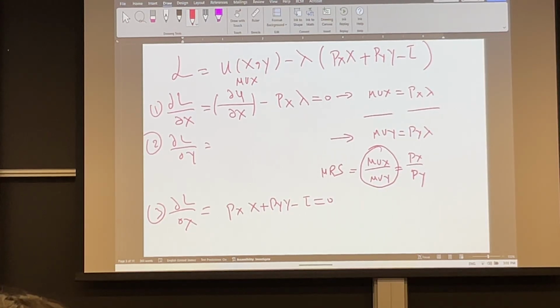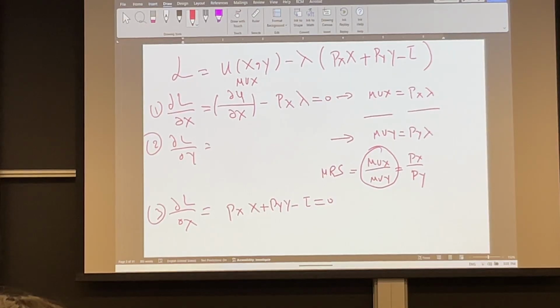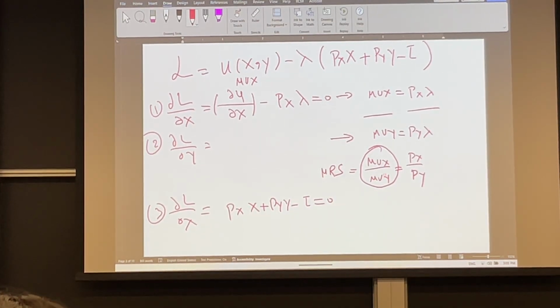Make sense? So if MRS is 5, what does it mean? Knowing MRS, the ratio of two partial derivatives. If MRS is 5, what does it mean? It means the last unit of x you consume provides 5 times more satisfaction than the last unit of y consumed.